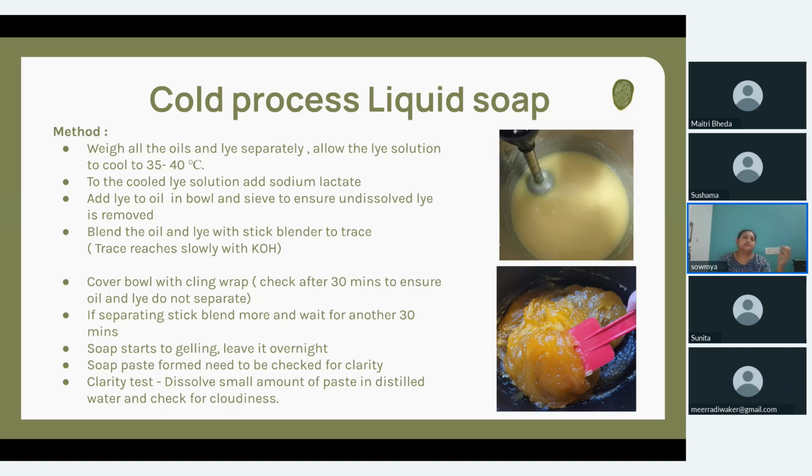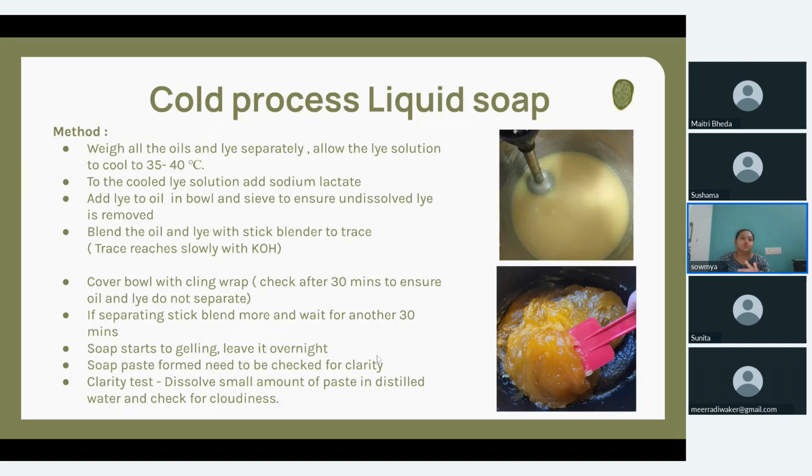By clarity I mean whether it has any cloudiness, or is it very milky looking. If it is very clear, that means your soap is done. It has saponified. That is your soap paste.